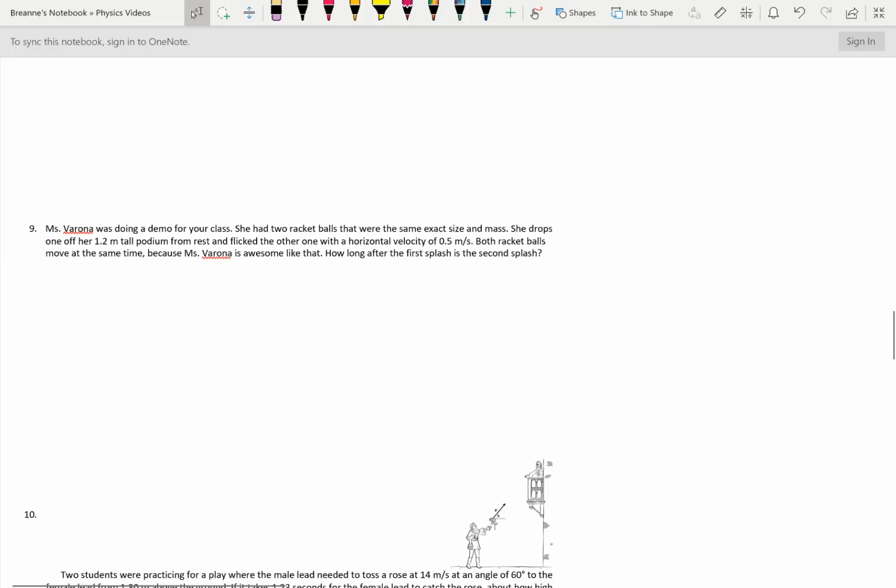How long after the first bounce is the second bounce?